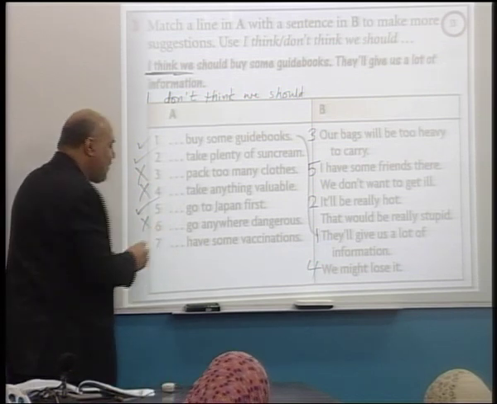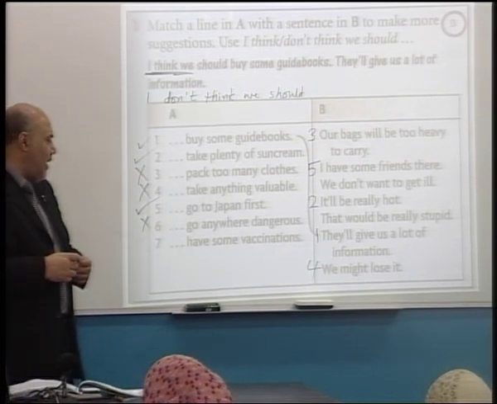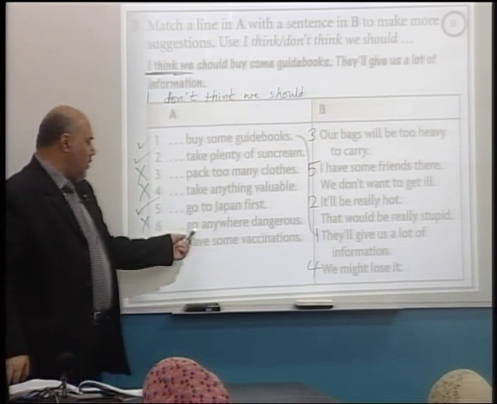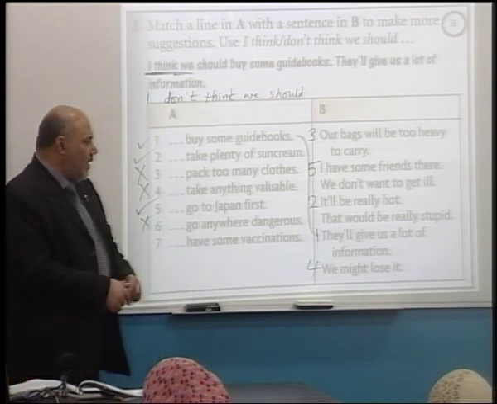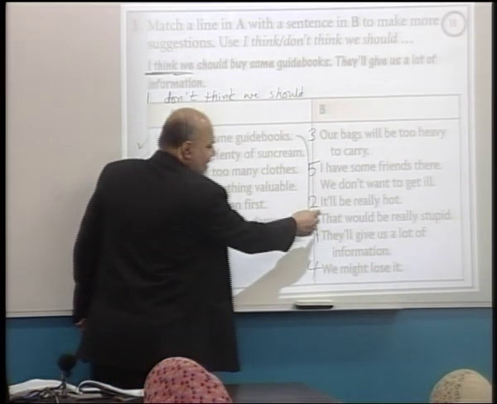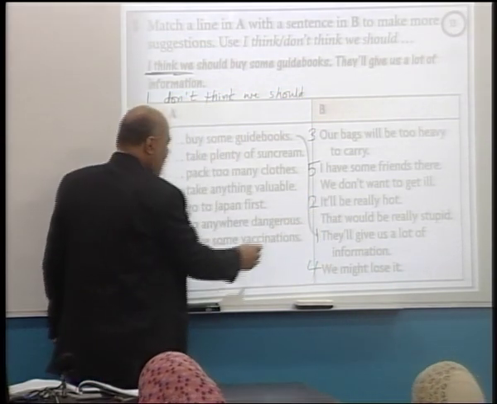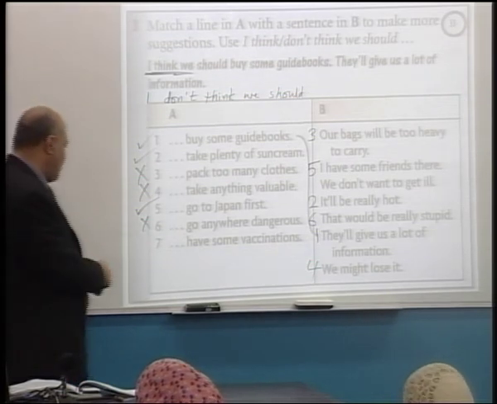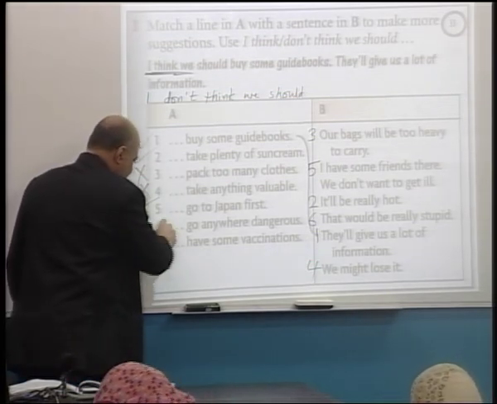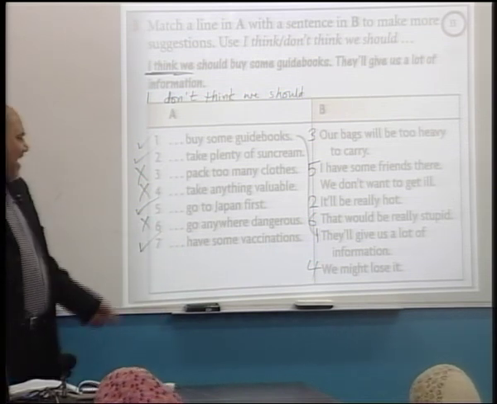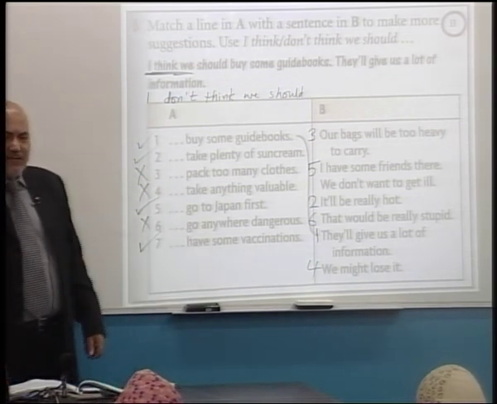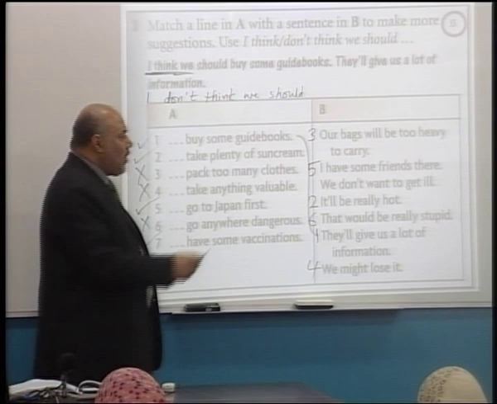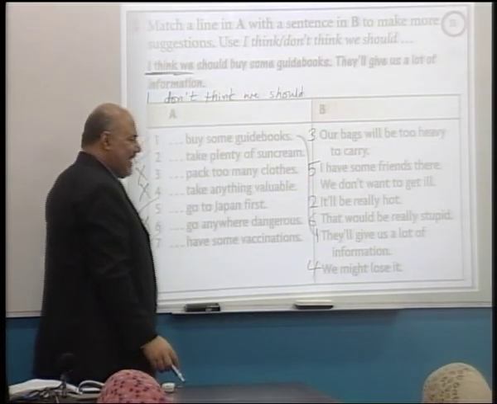No. I don't think we should go anywhere dangerous. It would be really stupid. This is number 6. The last one. I think we should have some vaccination before traveling. Why? We don't want to get ill.